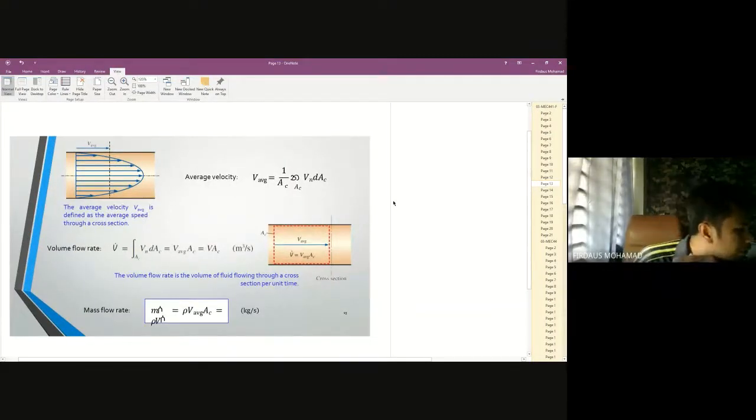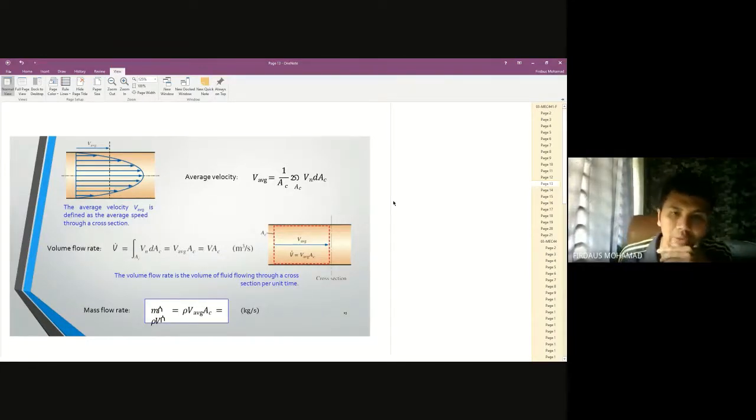Okay, so this is mass flow rate equal to rho AV tadi, and also volume flow rate equal to AV. Okay, so both ada velocity. So velocity kalau dalam pipe, dalam nozzle, we need to consider the average velocity. Sebab apa? Sebab kalau kita tengok base kepada velocity profile, dia macam ni, velocity profile.